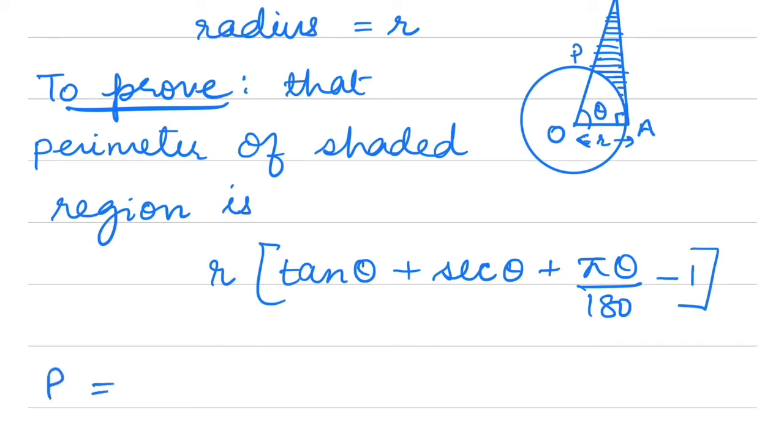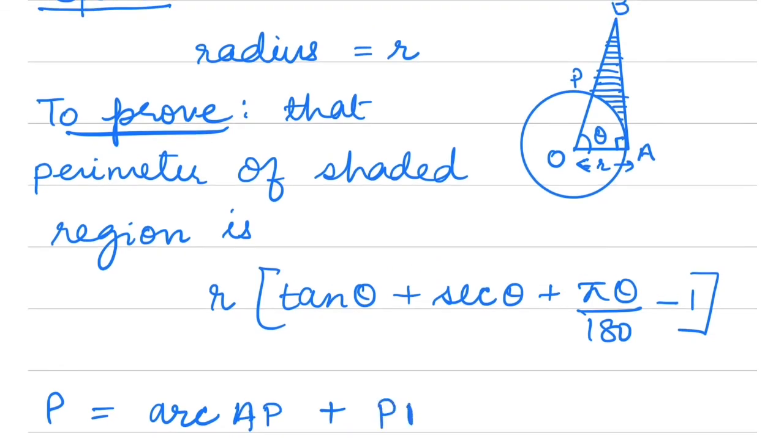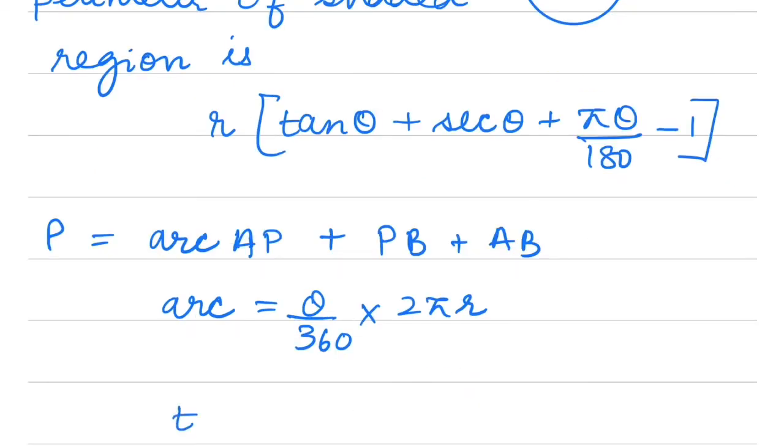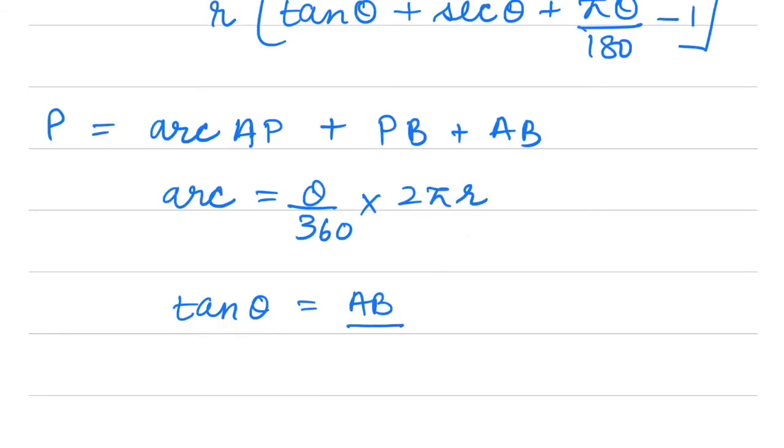Perimeter would be equal to arc AP plus PB plus AB. Arc is equal to theta by 360 into 2 pi r. Tan theta is equal to AB by r, therefore AB is equal to tan theta r.